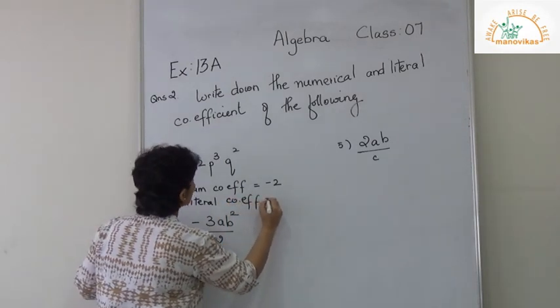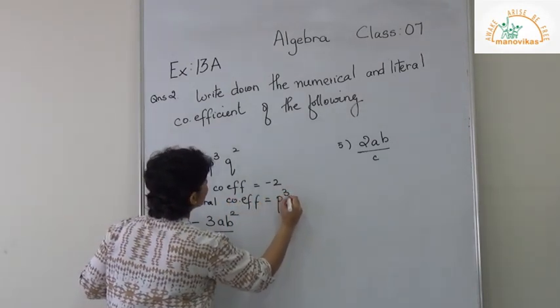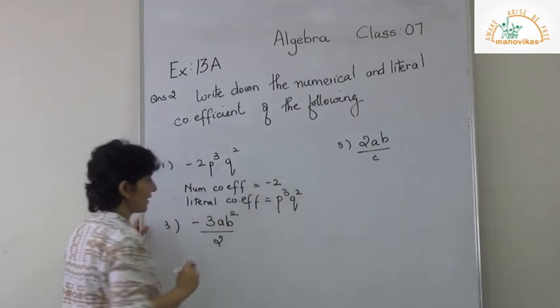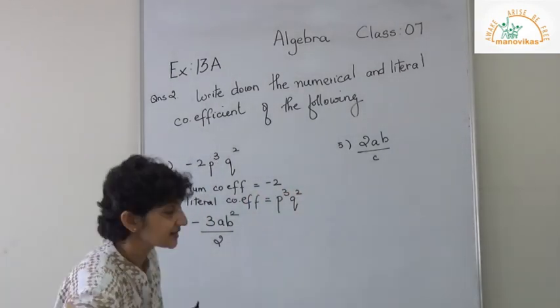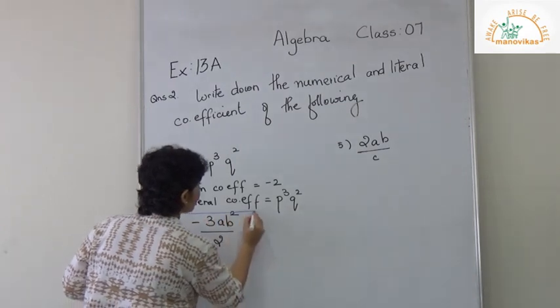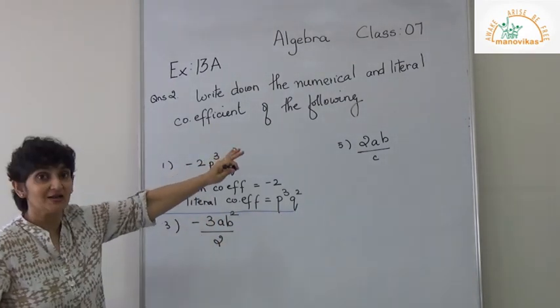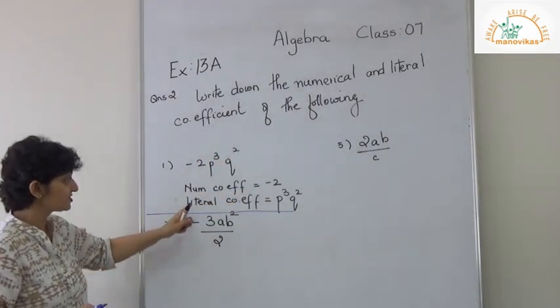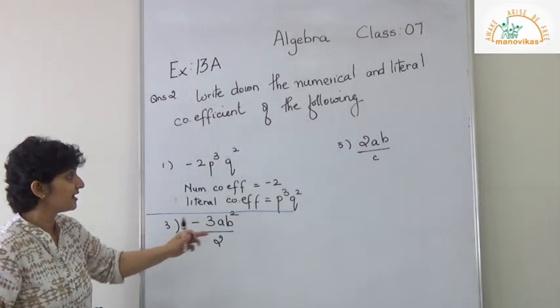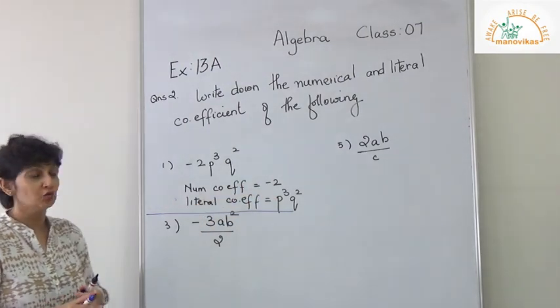The literal coefficient will become p cube q squared. Have you all understood? Is it clear? Okay. Now, here the number value if I take, that is minus 2. The literal coefficient is p cube q squared.